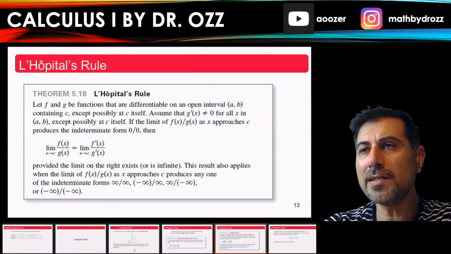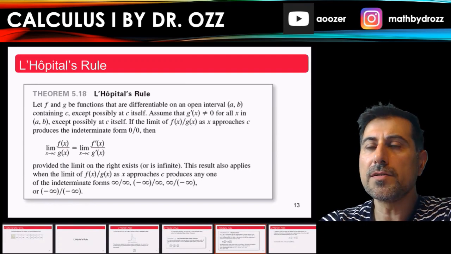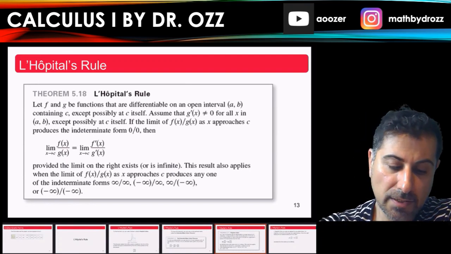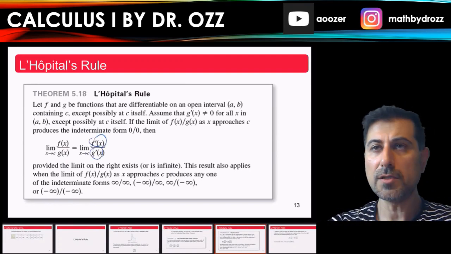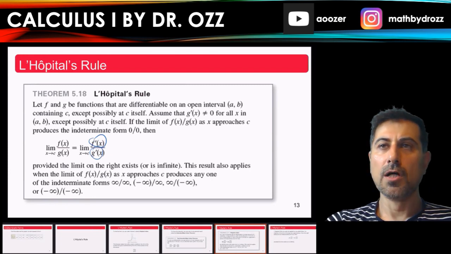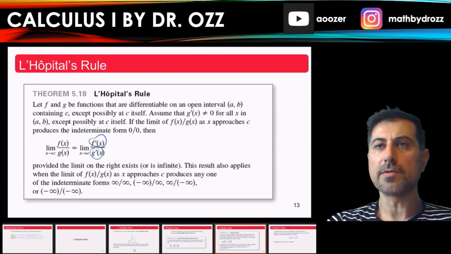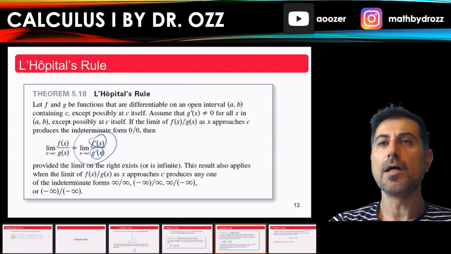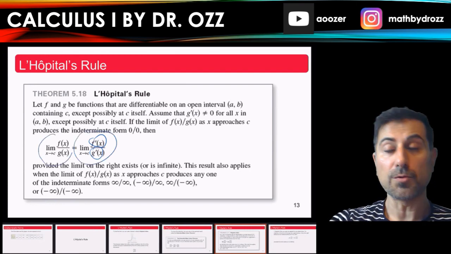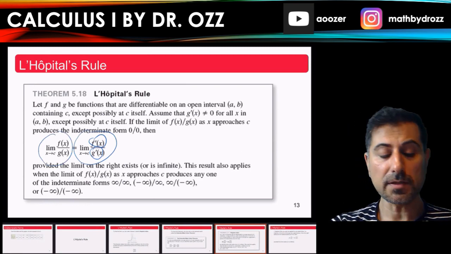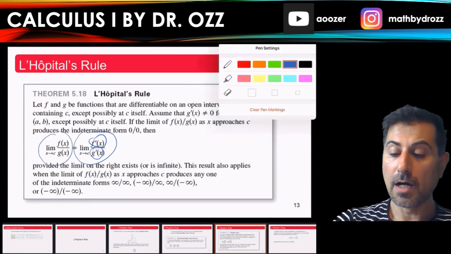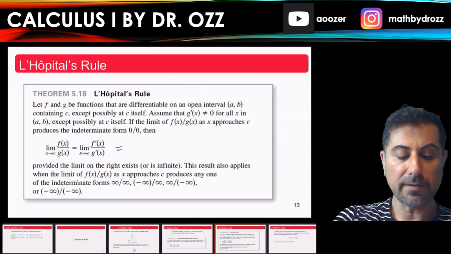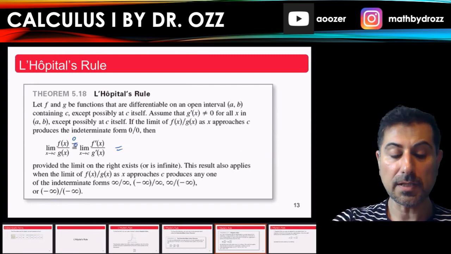So you see the strength of this technique, because all you're doing is taking the derivative of the top and the bottom. You don't need to worry about the algebra anymore. Okay, so keep taking the derivatives, and as long as this limit exists, then the limit value is going to be the limit value of the original limit. And in fact, in certain cases, you can keep going. Let's say you have 0 over 0, and you still have 0 over 0.